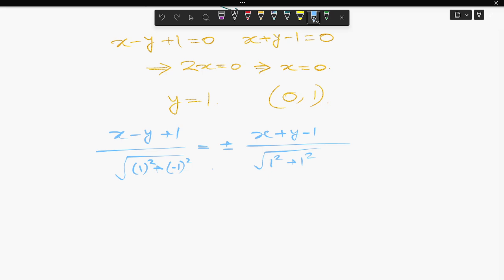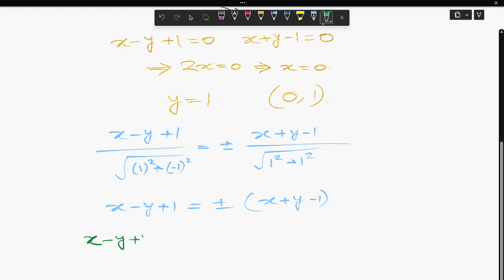So the denominators will cancel out, and we will easily have x minus y plus 1 equals plus minus (x plus y minus 1). Let us take the positive case first. From these two we will have 2y equals 2, so we will get y equals 1.